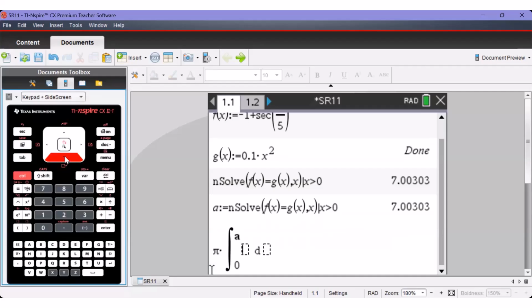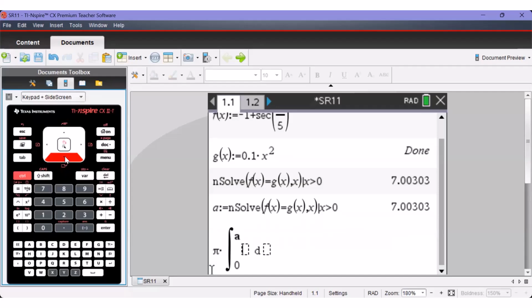Now it's time to formalize our expression. And what it's going to be is it's going to be g of x all squared minus f of x all squared. In other words, 0.1 x squared all squared minus, then in brackets, -1 plus sec x on 5 all squared with respect to dx.